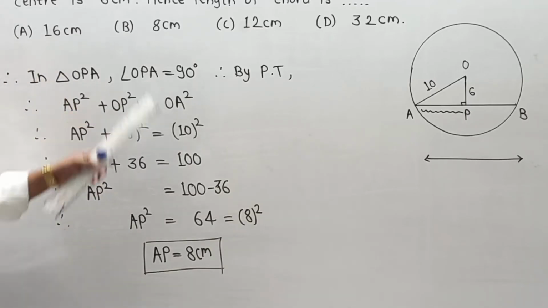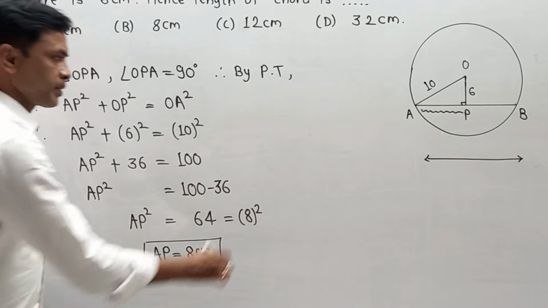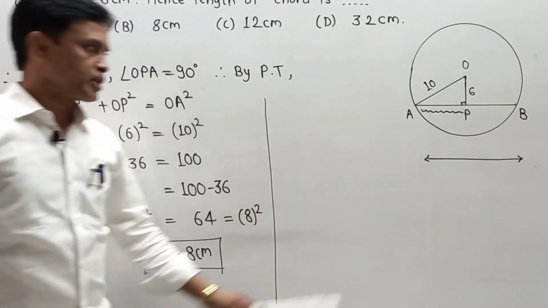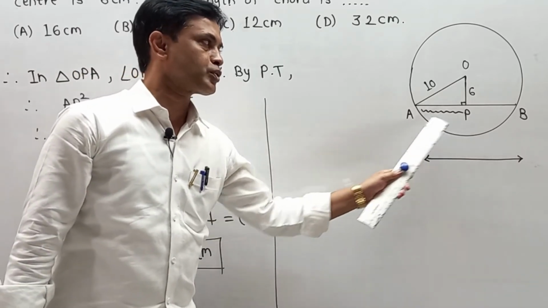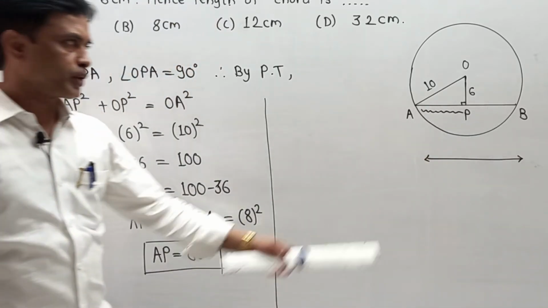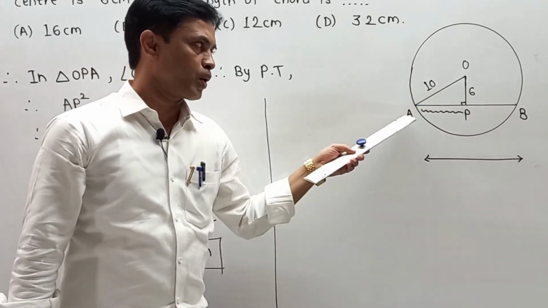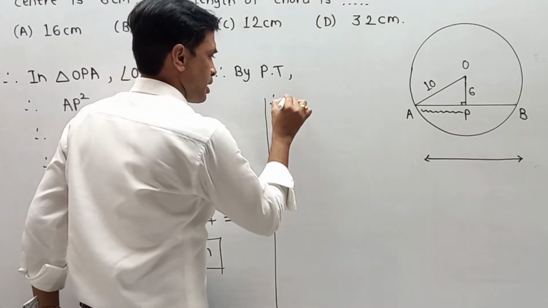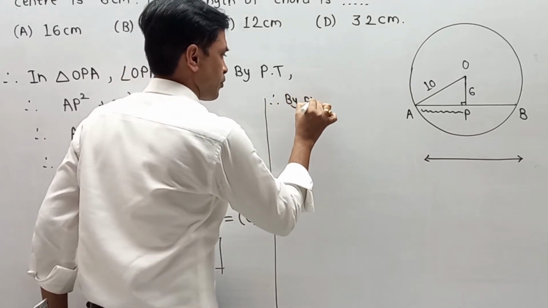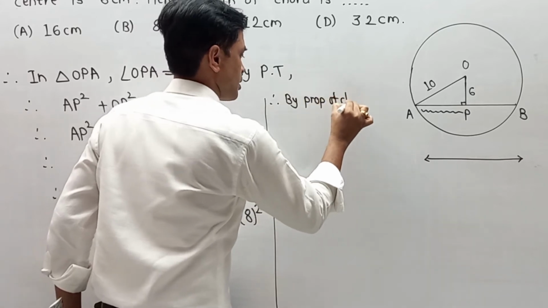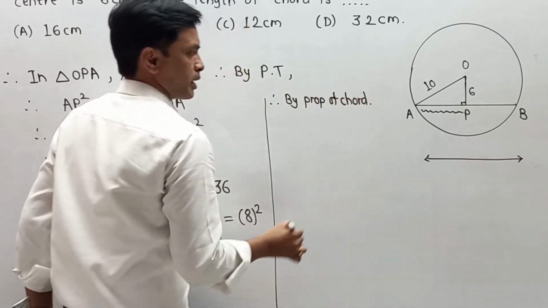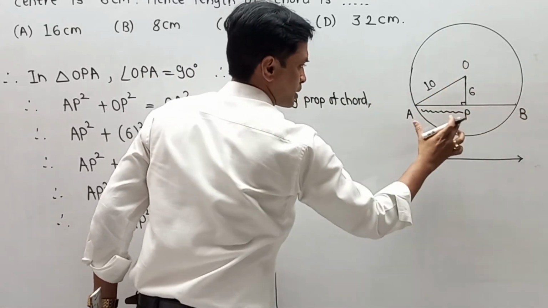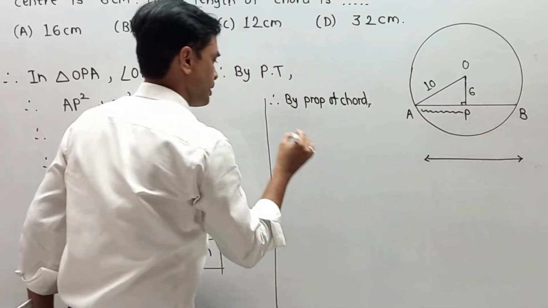Now remember, with this calculation we are able to calculate AP, but the question is about the length of the chord. We are not interested in AP, but we are supposed to calculate AB. We know that the perpendicular from the center of a circle to a chord bisects the chord. Therefore, by the property of the chord, AP is half of AB.